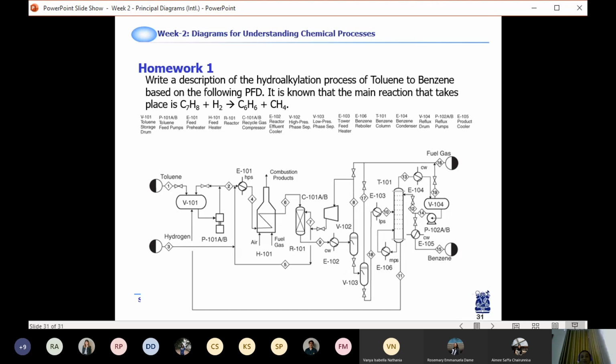Is the homework clear? It's clear, sir. Okay, I give you the PFD. You have to exercise how to write down a process description based on this PFD schematic, this PFD diagram.